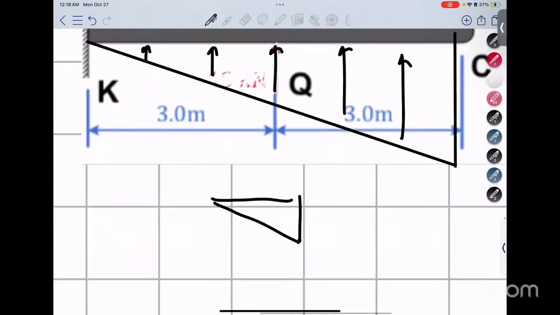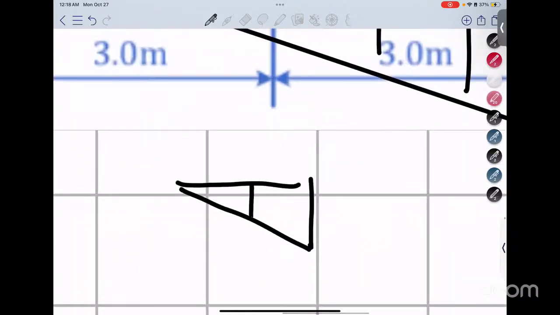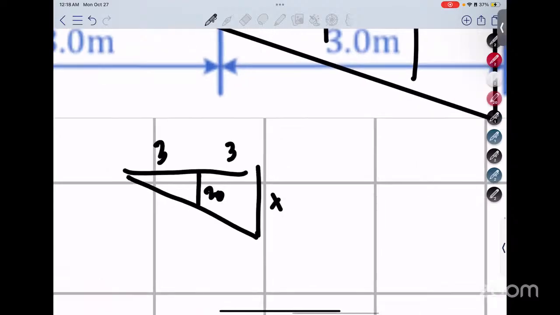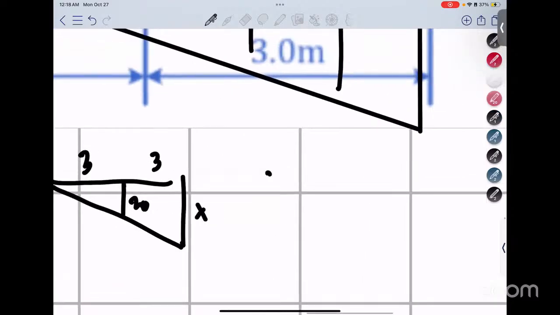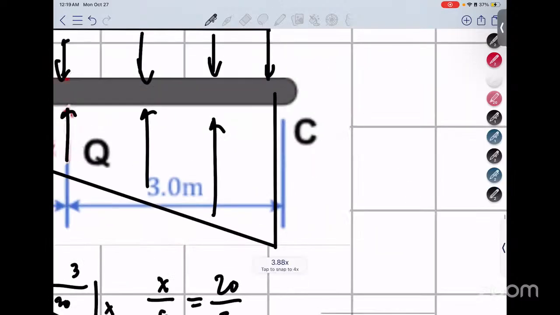So we can easily do that using similar triangles. This is 3, this is 3, this is 20. X. So x over 6 is equal to 20 over 3. Solving that, you get 40. So this is 40 kilonewton, 40 kilonewton over meter.